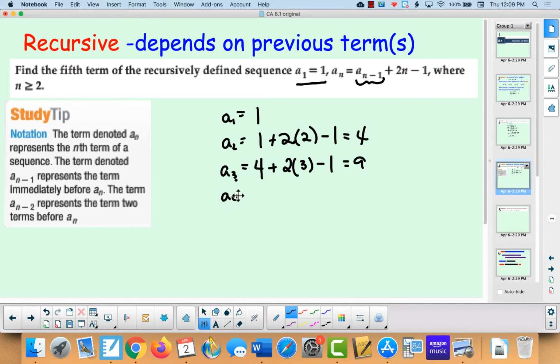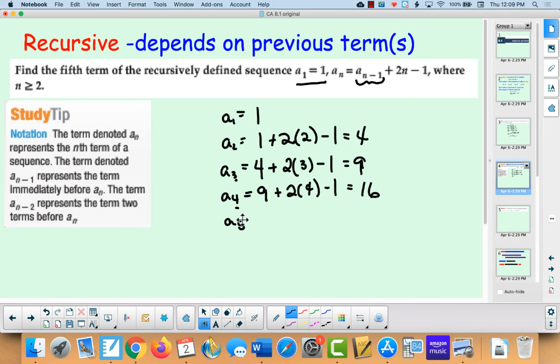A sub 4, we take the term before it, which we just figured out is 9, plus 2 times n, which is that number, minus 1. 9 minus 1 is 8, plus 8 is 16.